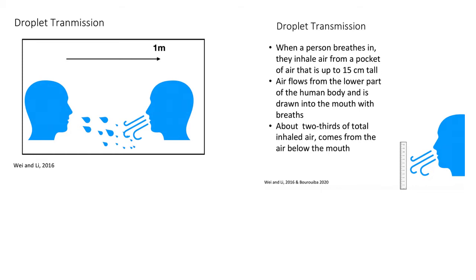And that's the space that we're breathing in from. So you can see in this diagram that if somebody has COVID and they're spewing virus particles in droplets, the person who's within 1 meter would be breathing in those droplets and potentially the virus, and potentially getting sick.